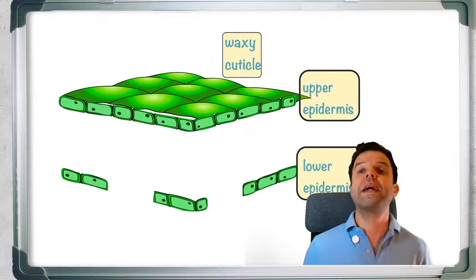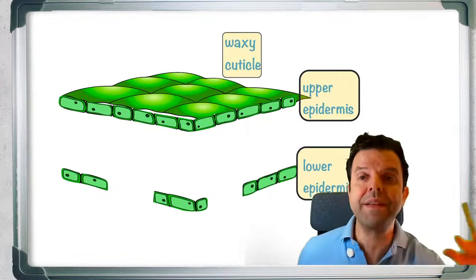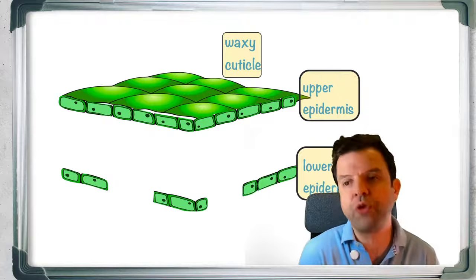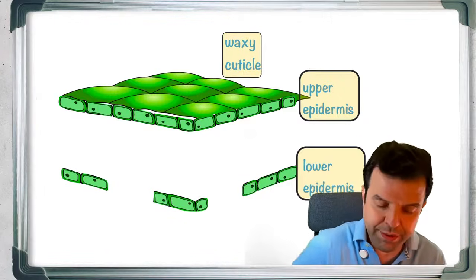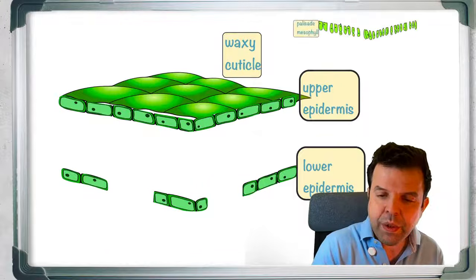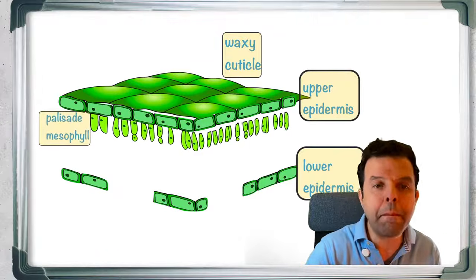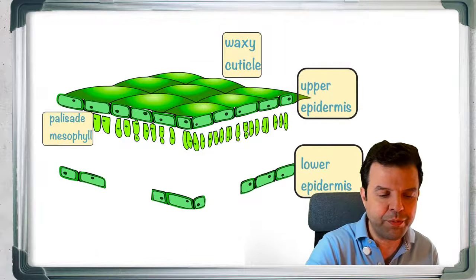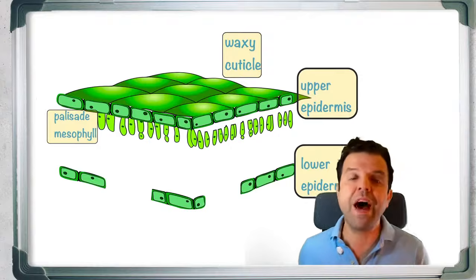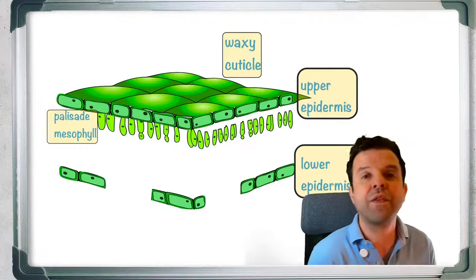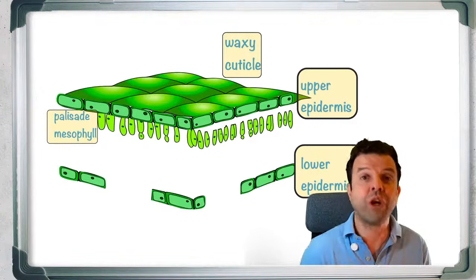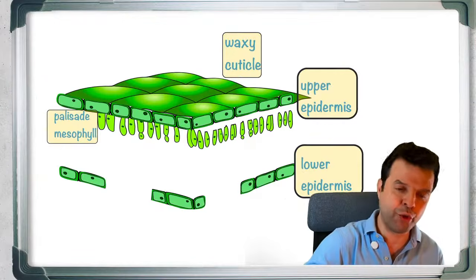Next comes the layer that is in charge of photosynthesis. Most photosynthesis takes place right here, called the palisade mesophyll. That's like the queen. Every other layer is serving this layer, trying to maximize photosynthesis.